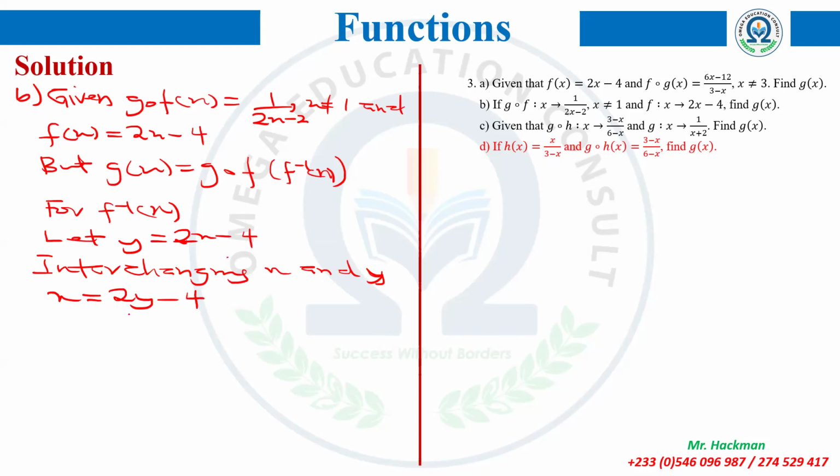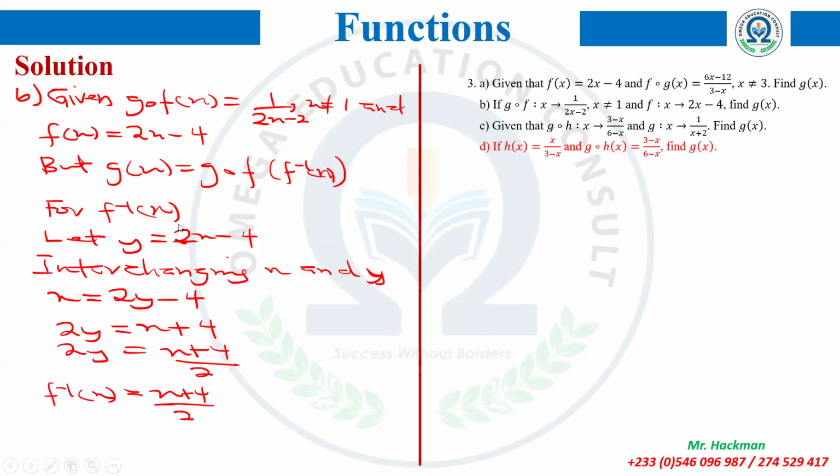Make y the subject. In my mind, I'm maintaining the 2y here is positive. The fact that I've written it for doesn't mean I've moved. So I'm going to get x plus 4, then divide, so x plus 4 all over 2, as somebody said. So my function f inverse of x, which is the same as y, will be equal to x plus 4 all over 2. Denominator does not contain a variable, so no constraint.